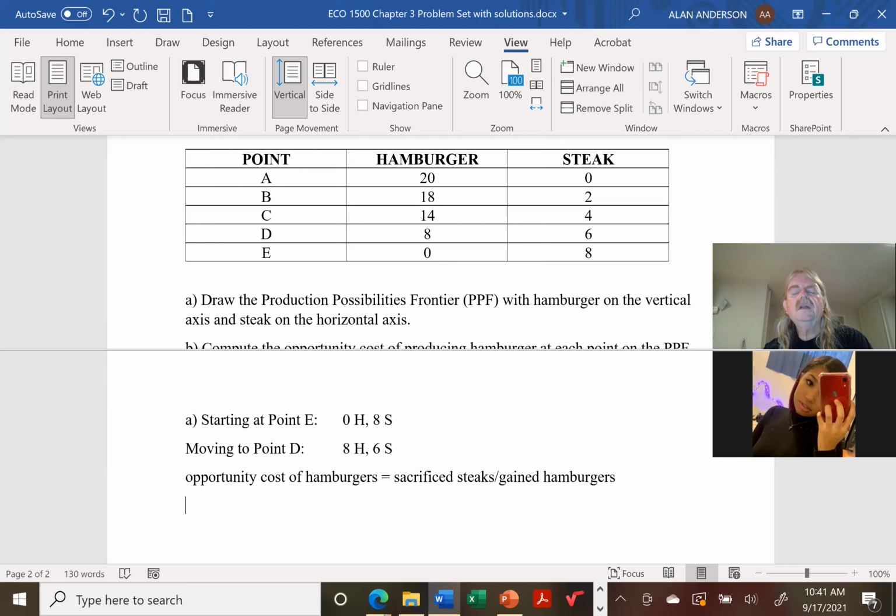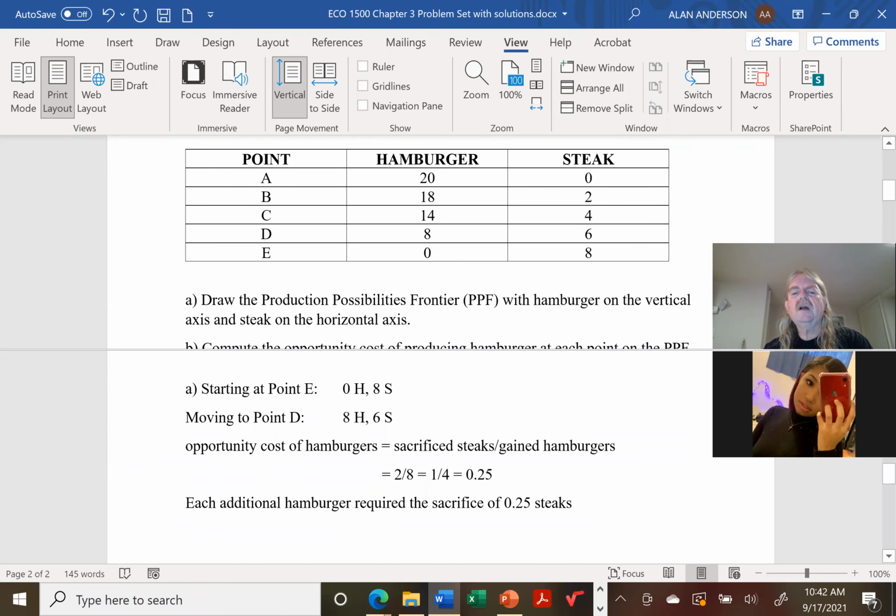So to go from E to D, you can see that in the process, we gave up 2 steaks and we picked up 8 hamburgers. So you can call this a quarter or 0.25. And what that means is each additional hamburger required the sacrifice of a quarter of a steak. So that wasn't much of an opportunity cost.